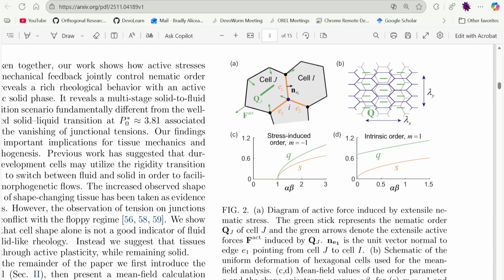In the intrinsic order, the order parameter and the shape anisotropy are separated by about 0.5 units on the y-axis. S starts at 0 and increases a little more curvilinearly than Q, but the shape anisotropy is low while the order parameter is high.